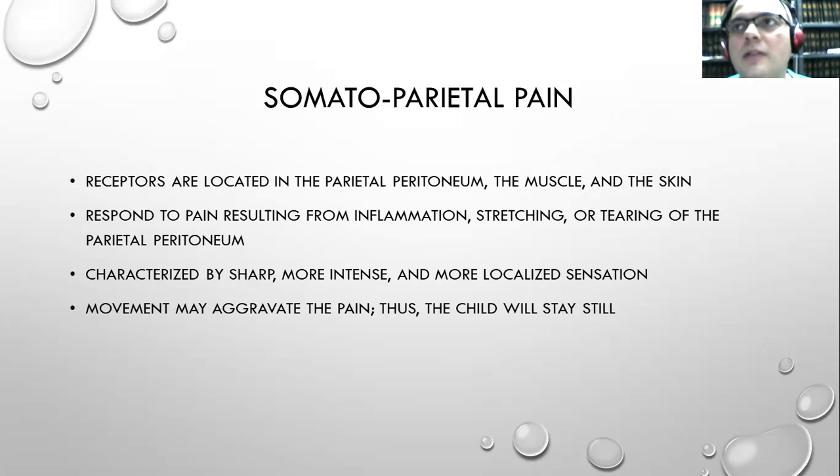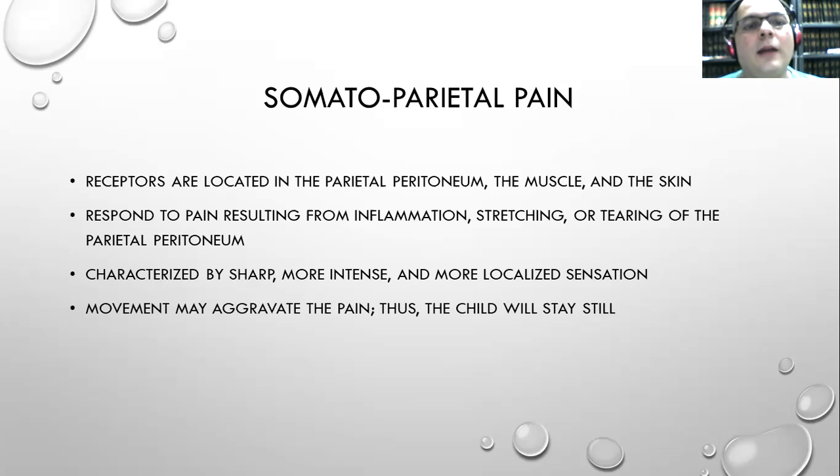Initially for the viscera, they used to just respond to stretching or tension or chemical reactions, whereas the somatoparietal receptors respond to inflammatory markers, to inflammation, to stretching and tearing also of the parietal peritoneum.